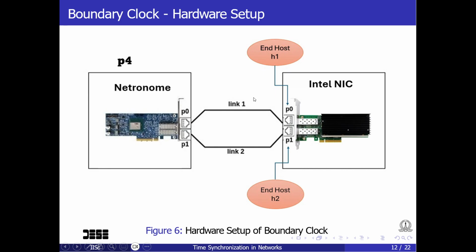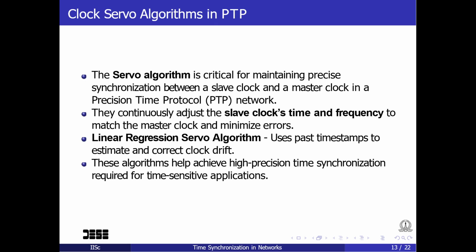So this is the basic hardware setup that we have used. We load our program on the Netronome, and we have connected it to the Intel NIC, which is where we have connected two hosts, H1 and S2, and we are trying to implement a boundary clock. Using this we implement an algorithm called the linear servo algorithm.